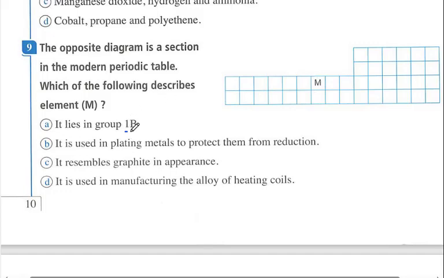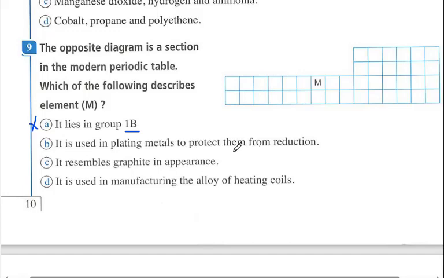It lies in 1B, wrong, as it lies in group 8. It is used in plating metals to protect them from reduction. Okay, it is one of its uses, but it is not the main use. The main use of plating is mainly chromium. Chromium is used as a dye and used in plating metals and leather tanning. If it is said that it protects the metal against the effect of acids, then it is nickel.